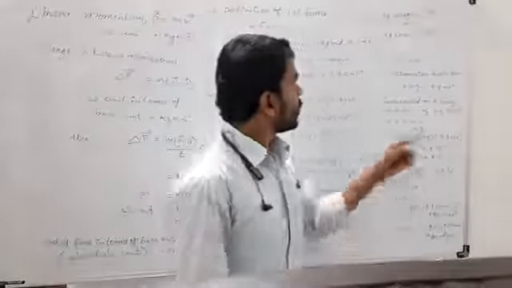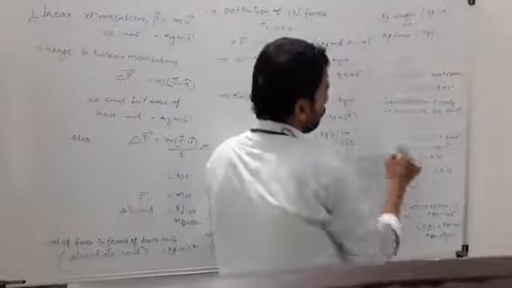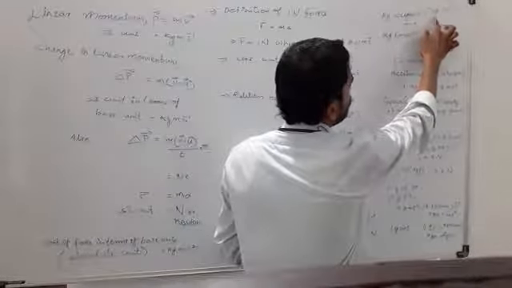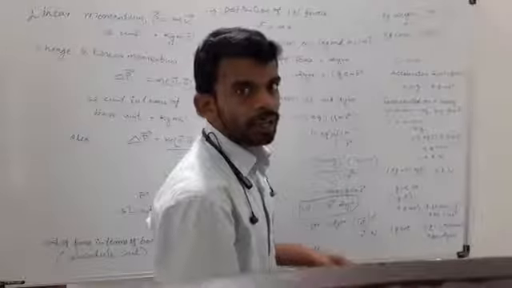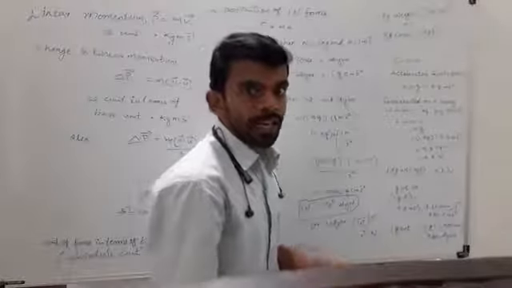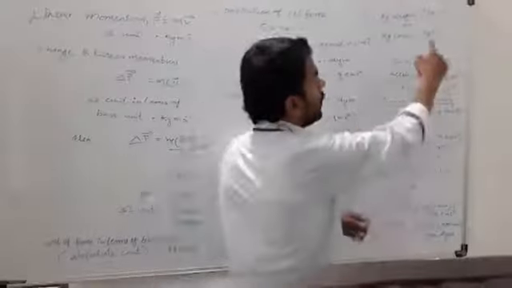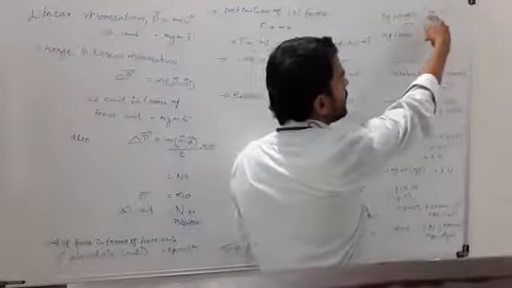Instead of that, if you use this method, what can you write? You can just write 45 kg weight. So it is a simple method to express the force exerted on a body by Earth. If you have mass 30 kilogram, you can just write 30 kg weight.